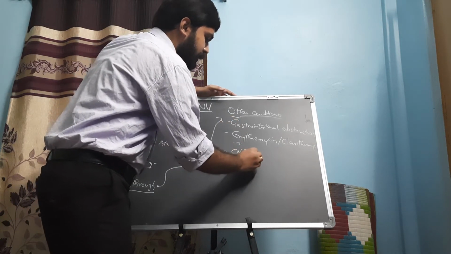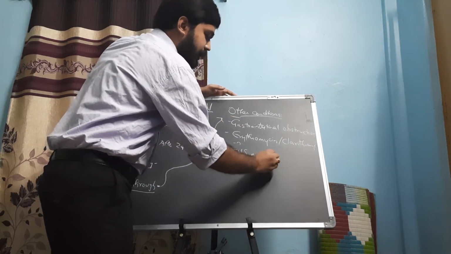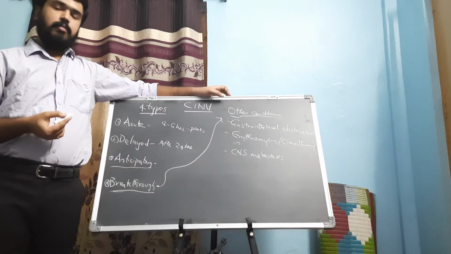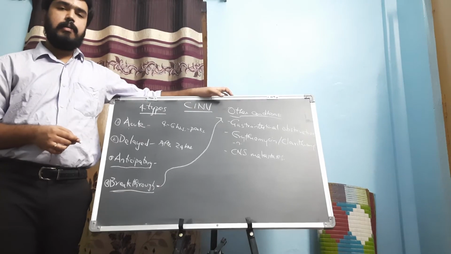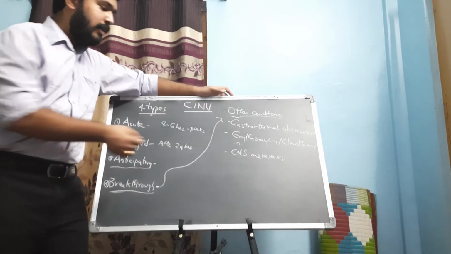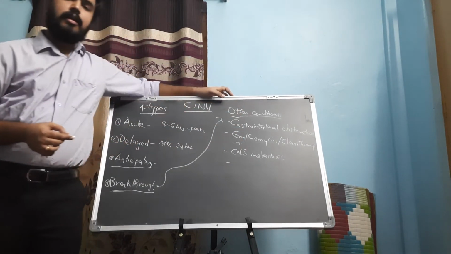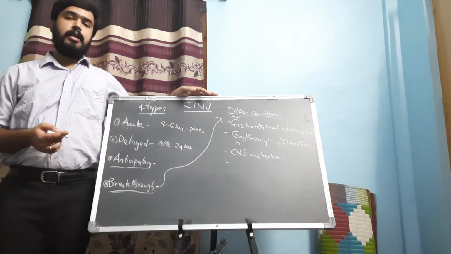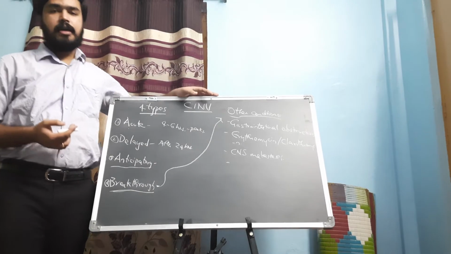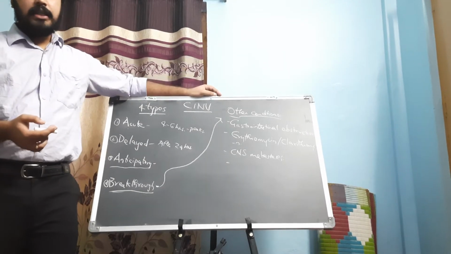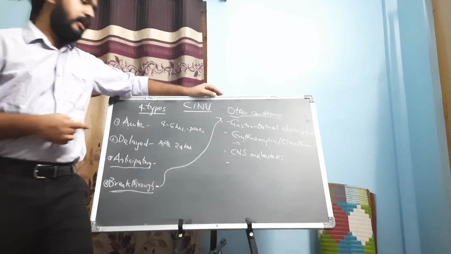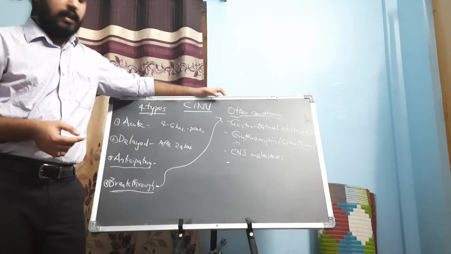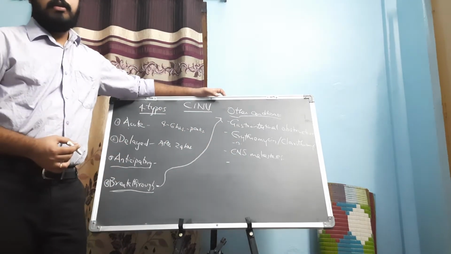CNS metastasis: in cancers, if the CNS is involved, there can be emesis. And other conditions like increased calcium levels in the blood, hypercalcemia, and endocrine and other metabolic abnormalities may also cause nausea and vomiting. So these must also be considered or ruled out in breakthrough emesis.